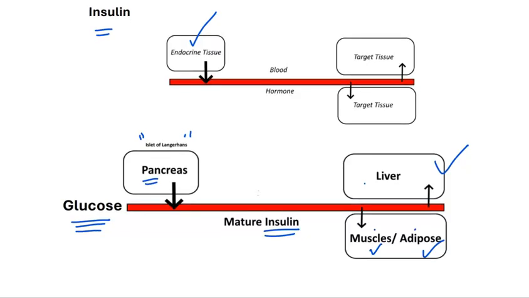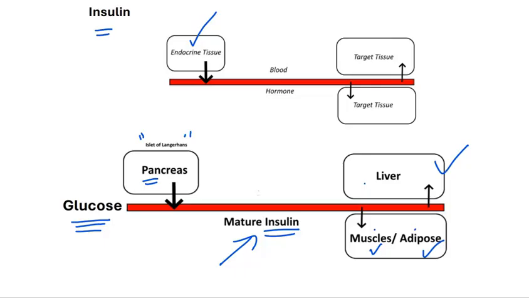Now, higher level students should recall that in protein synthesis, they have studied the synthesis of insulin through pre-pro insulin modification. And so you can add this to your understanding of that particular topic.